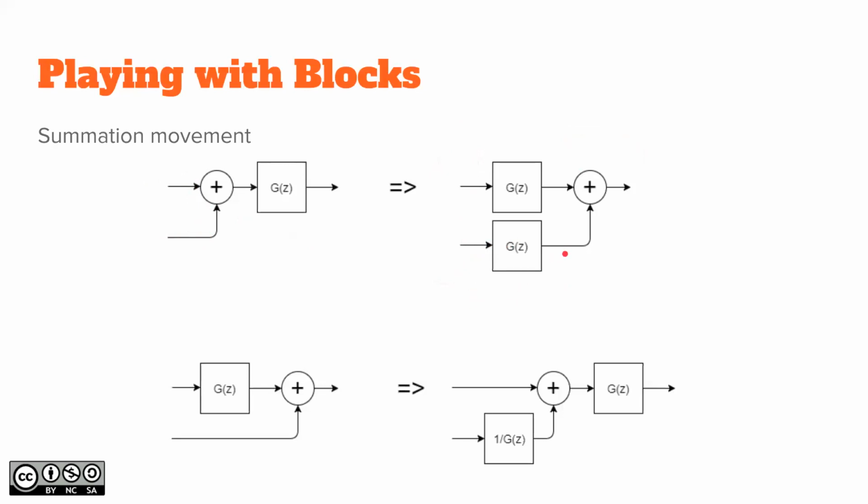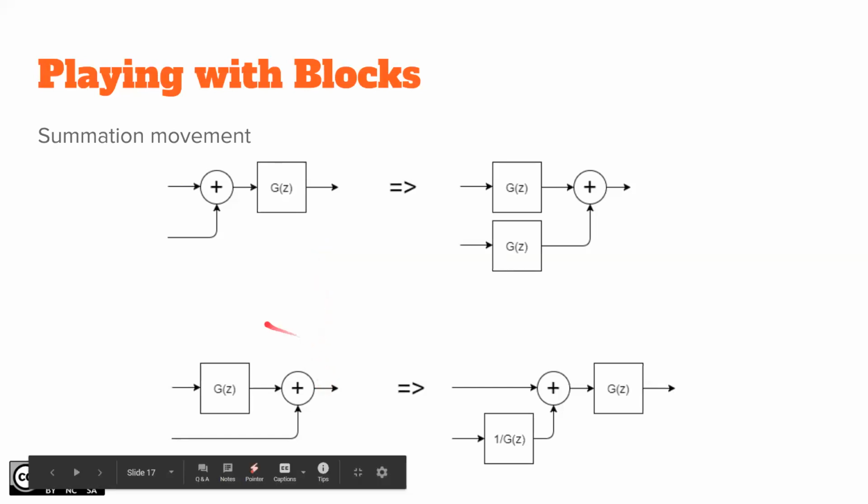So in reality, if you are feeding 2 signals into the same system, I would guess this would be the more efficient way of doing it. You add the signals together and then feed it into one system. Anyhow, this kind of playing is done to optimize the total transfer function for calculation. So remember, we are optimizing the implementation to have as few operations as possible.